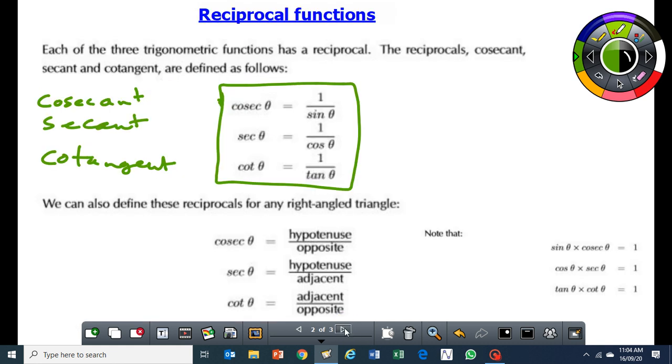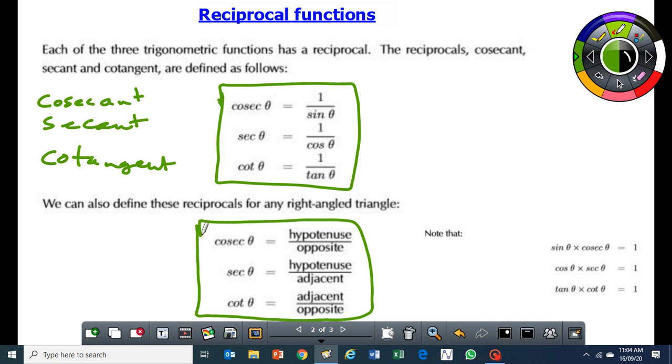The reciprocal for sine theta is cosec, so cosec becomes hypotenuse over opposite. Sec will be hypotenuse over adjacent. Cotangent will be adjacent over opposite. You don't need to copy this down, because I'm going to send it to you. So cosec theta is hypotenuse over opposite, sec theta is hypotenuse over adjacent, and cot theta is adjacent over opposite.